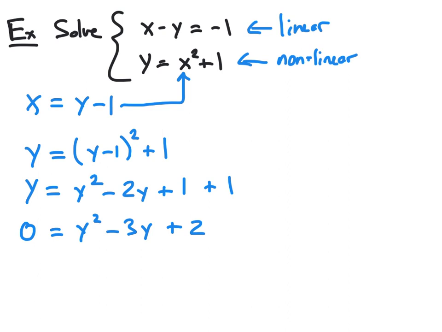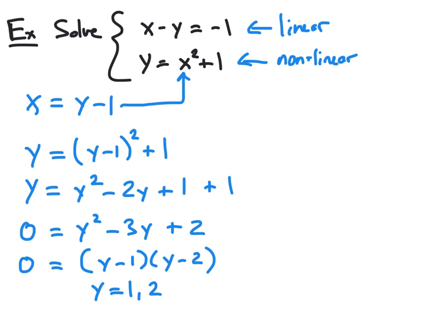And now this expression on the right-hand side can be factored as (y minus 1)(y minus 2). And so we have this product of factors equaling 0, which tells us that our two solutions here will be y equals 1 and y equals 2.